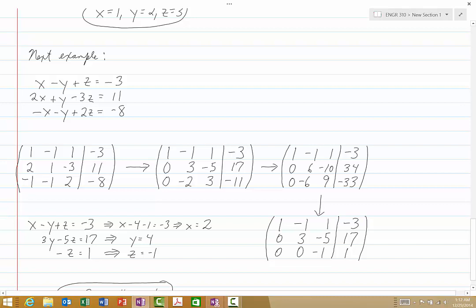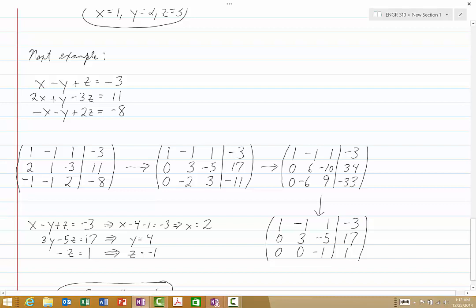I've also added the second row to the third row, and so when I did that, 0 plus 0 is 0, 6 and negative 6 is 0, negative 10 and 9 is negative 1, and 34 and negative 33 is positive 1. And the last thing I did was to return this second row back to its original form.